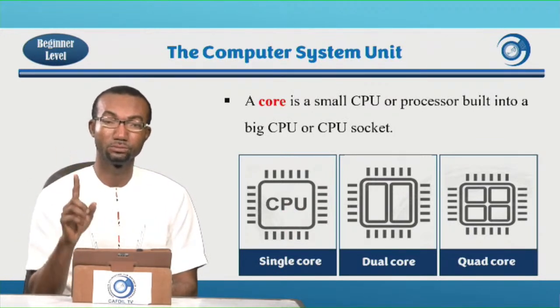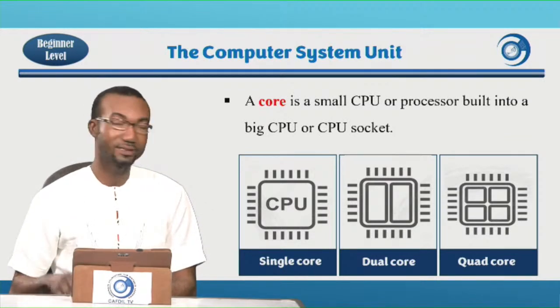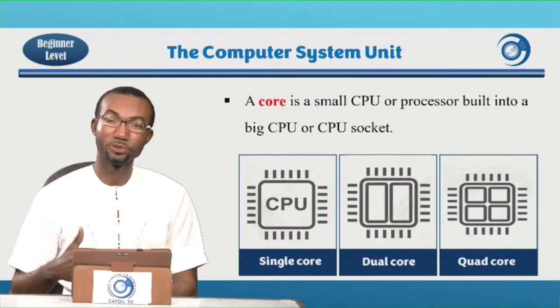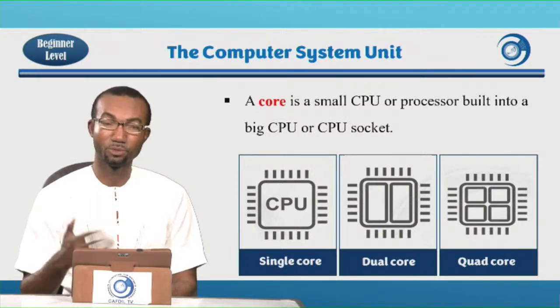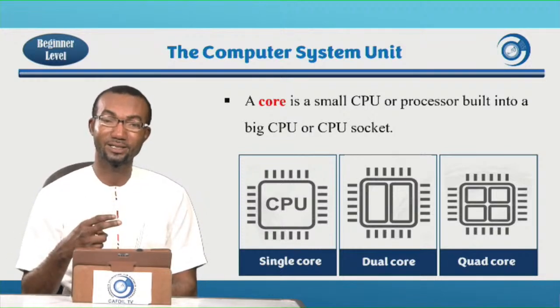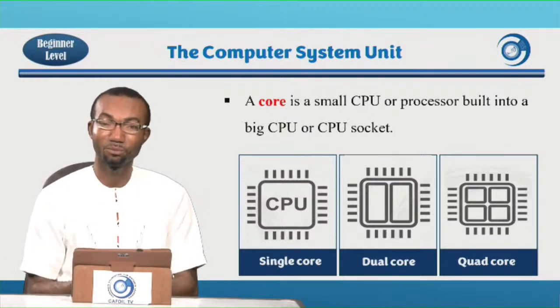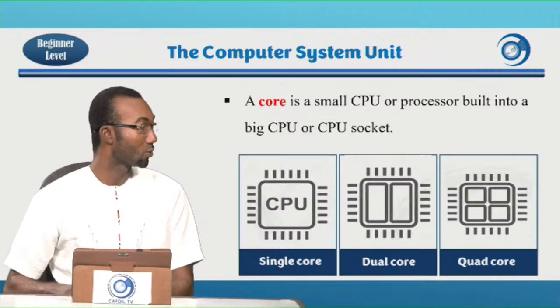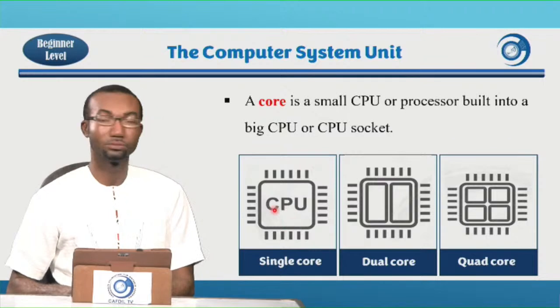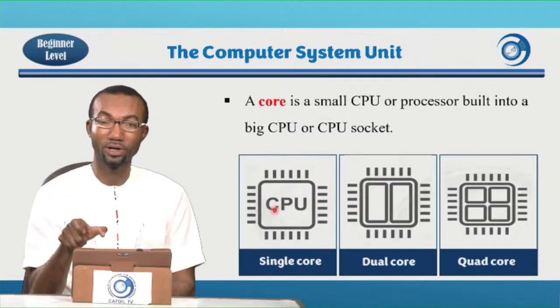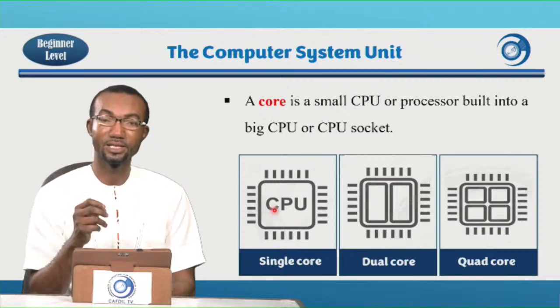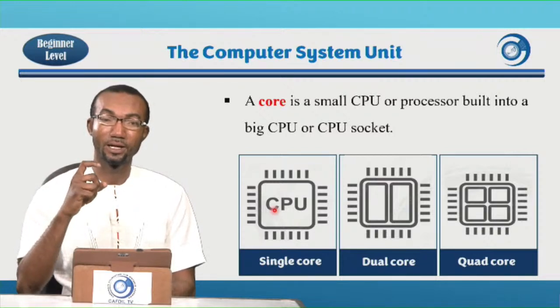Then later, as computers started serving us very efficiently, the need came that the processor will have to work at a high speed or handle multiple tasks at the same time. So the cores were increased. So there's a single core.